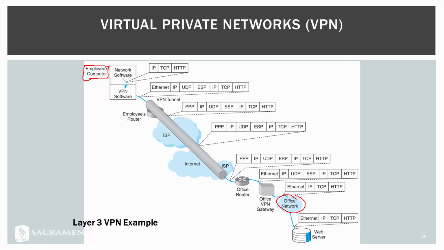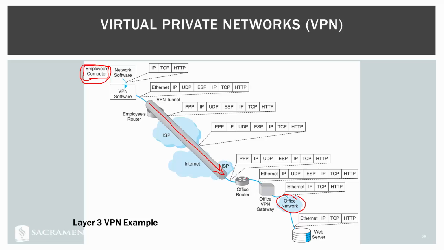VPN says, okay, I'm going to take all of the network traffic on your computer, and I'm going to wrap it up. Technically, it's encrypting it, but I'm going to wrap it up into what I call a VPN tunnel. And I'm going to send it out across the internet, and it's going to be wrapped up in the tunnel. All of the traffic, everything.